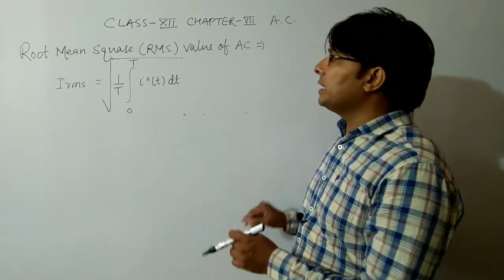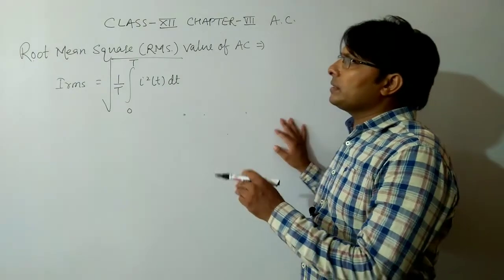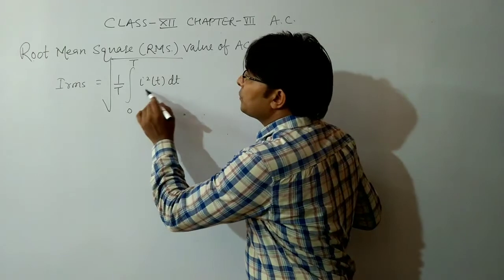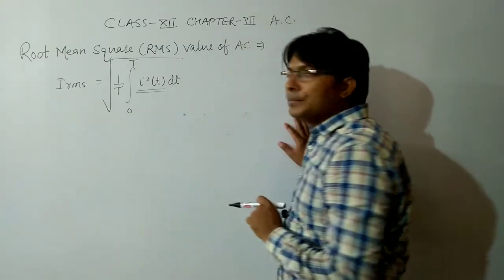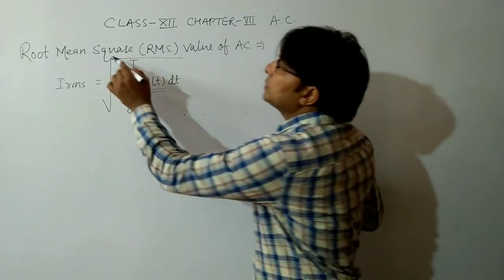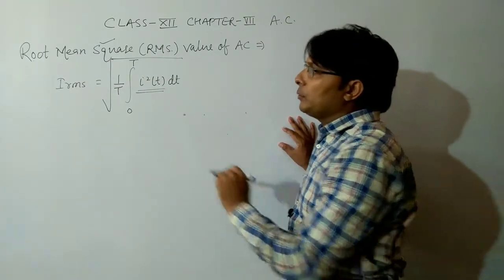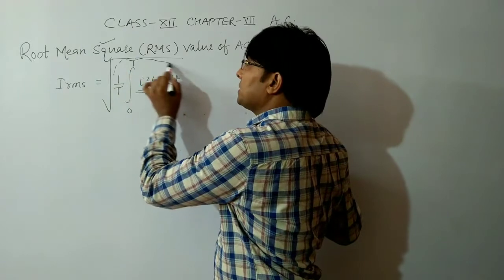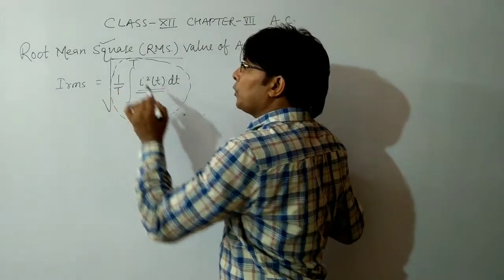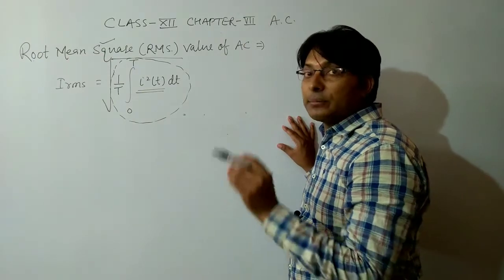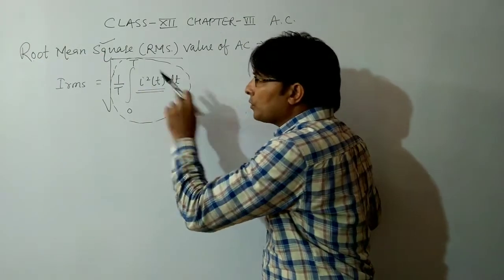You can easily remember this formula also, because first we square the value of the signal, so this term is the square. Thereafter we take the mean value. This part, 1 upon T, integration 0 to T, i square t dt, is the mean value of the square of current.